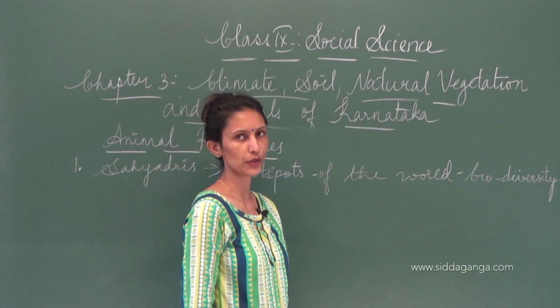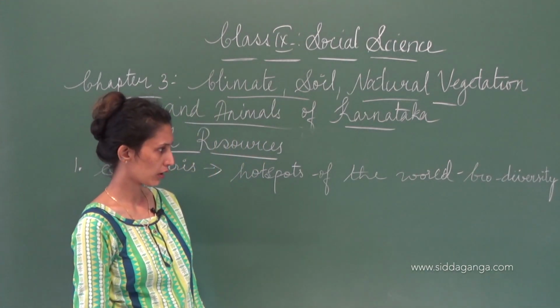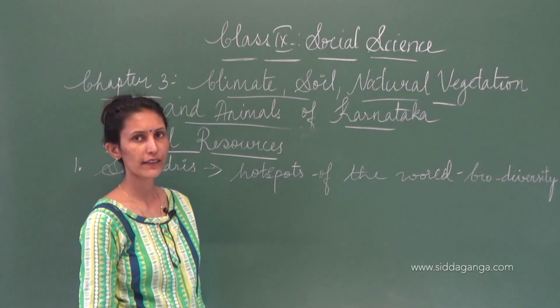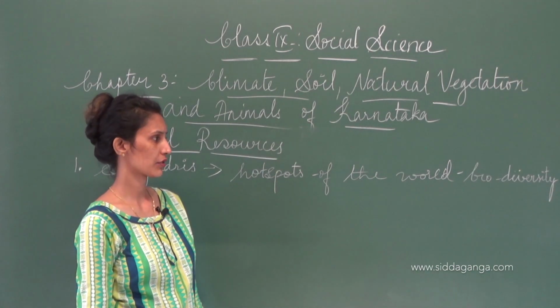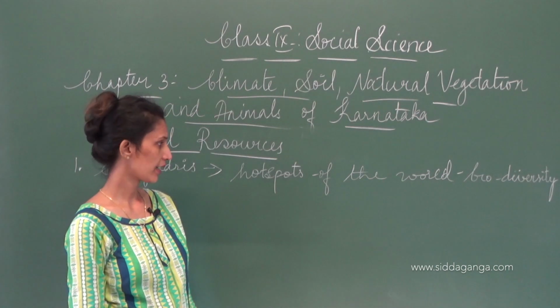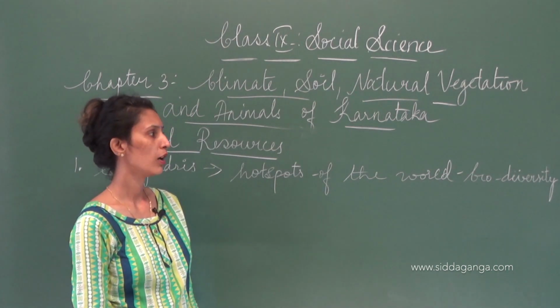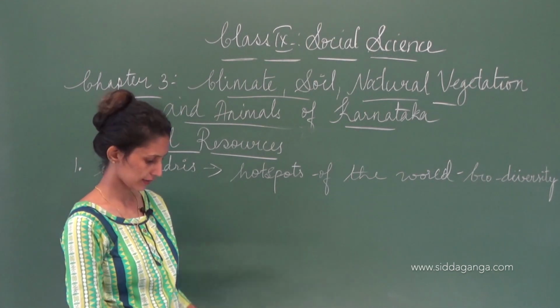Many things are found: vegetation, animals, sanctuaries that are there. All these amount to the biodiversity that we have. So Sahyadris is considered to be one of the hotspots in the world for biodiversity.